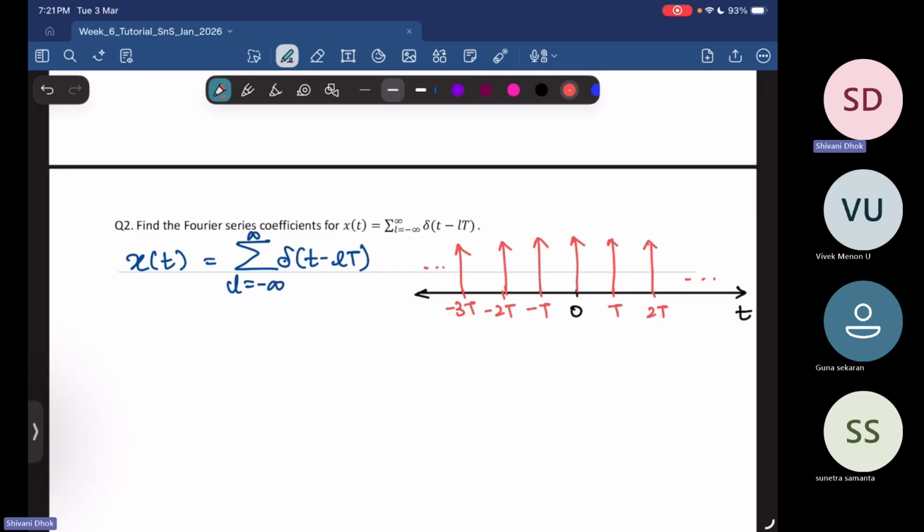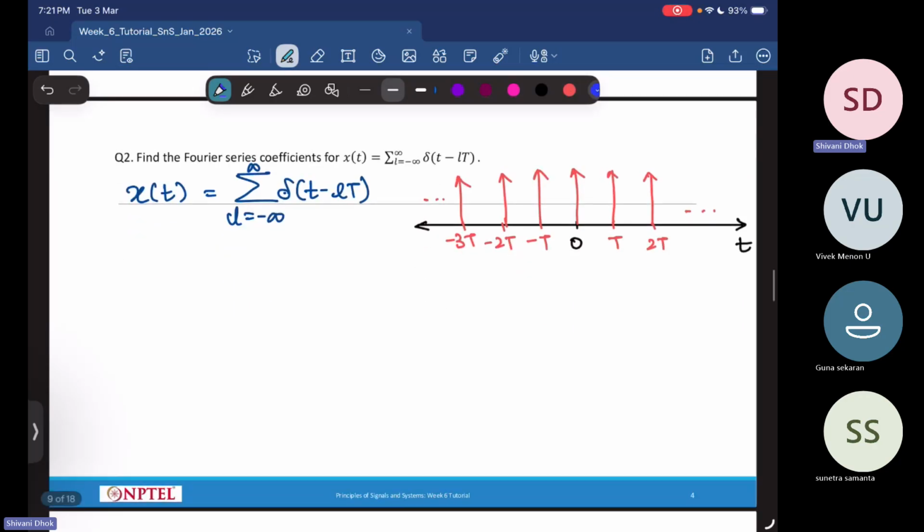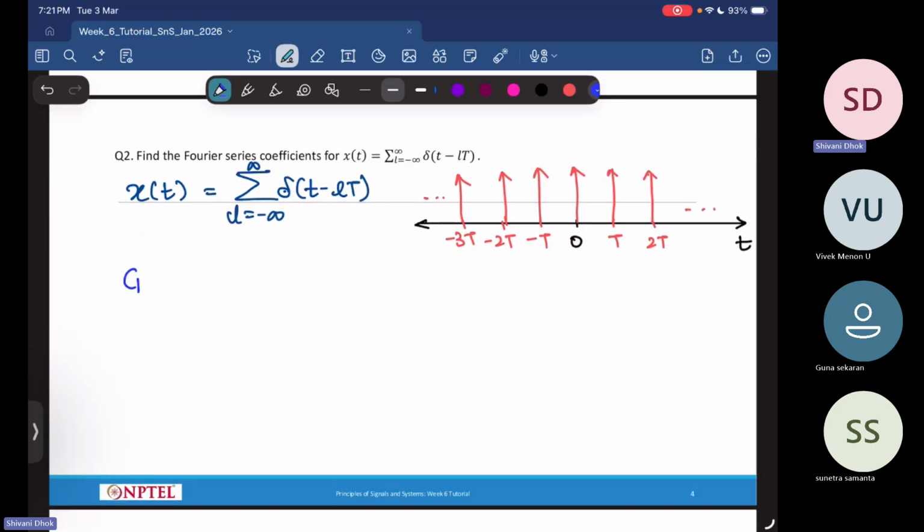Now what do we want to find out? We want to find out the Fourier series coefficients of the signal. So first, the few things that we need to look at here is the fundamental period, which is t.